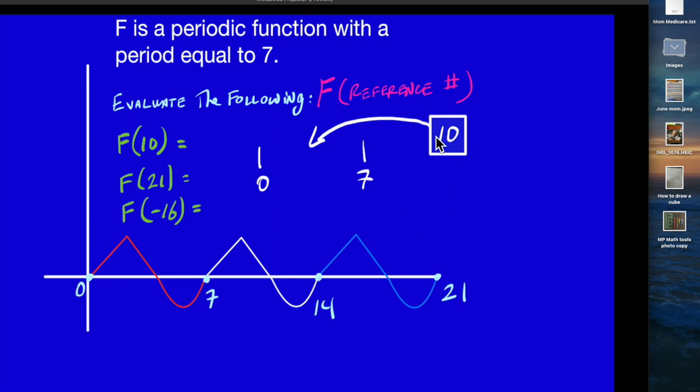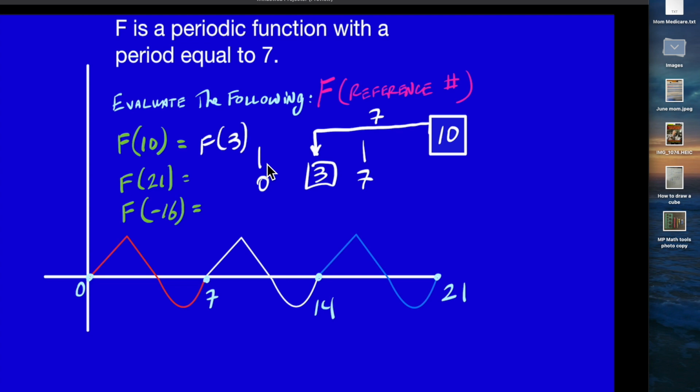We have to move into the reference zone using multiples of the period. So in this particular case, if we moved in 7 units this way, that would be enough to get us into the reference zone, and it would be 3. So f of 10 is going to be the same as f of 3.